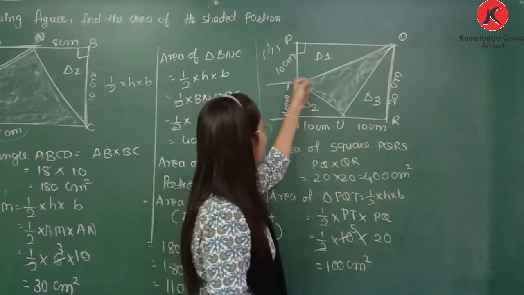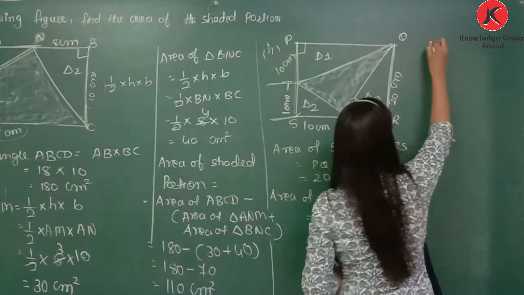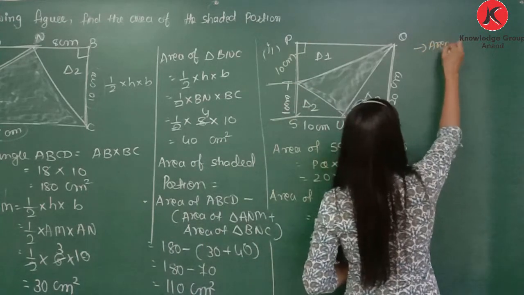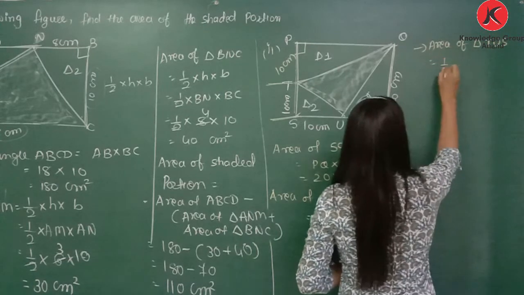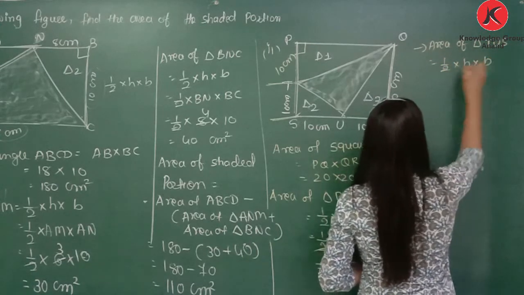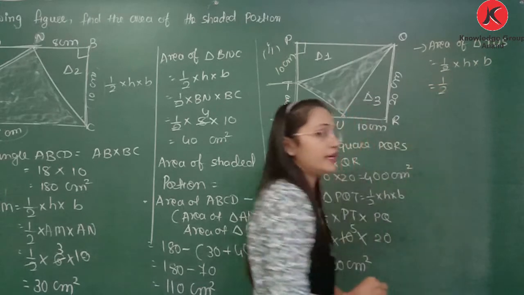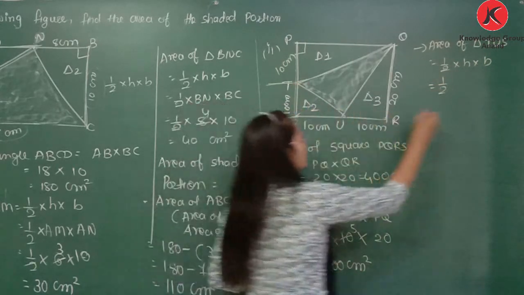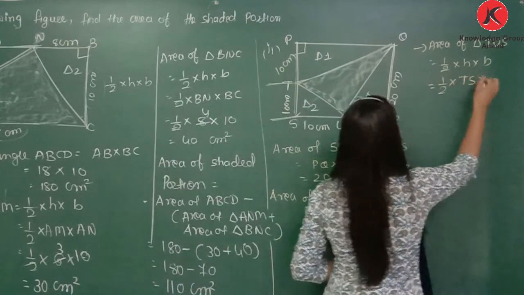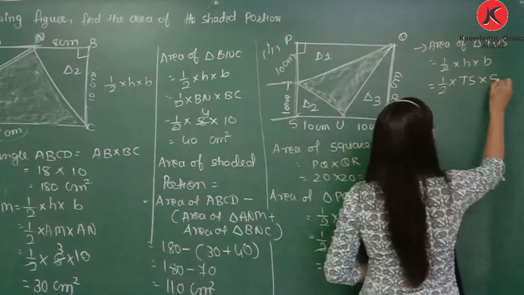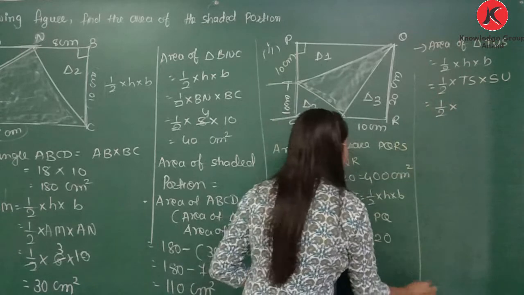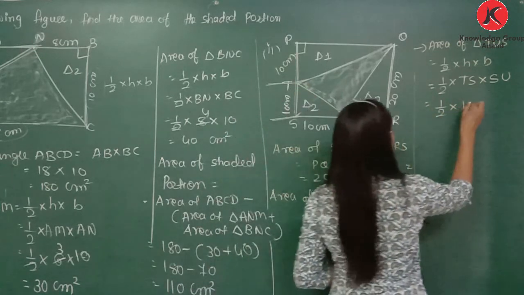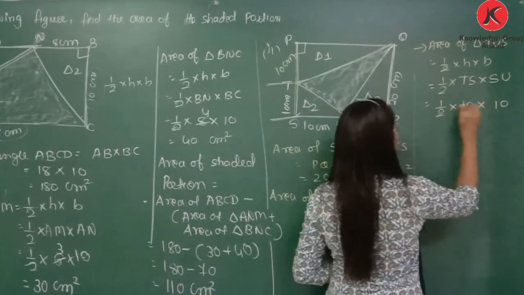Now area of triangle TUS, that is 1/2 height into base. Now what will be the height in TUS? So TS will be height, and SU will be base. So TS is 10 and SU is also 10.